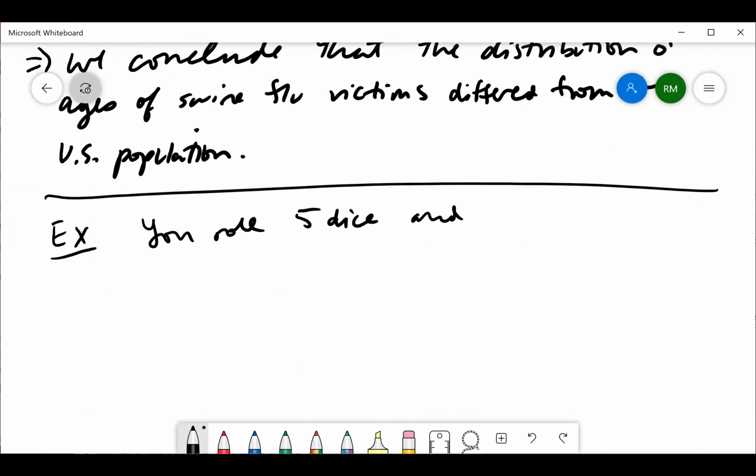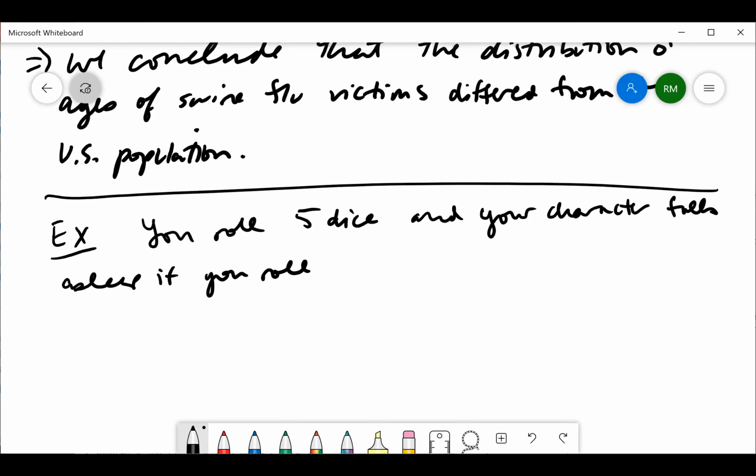Well, your character falls asleep if you roll 3 or more ones and twos combined. You're convinced that the dice have been weighted, but you need a test to find out.